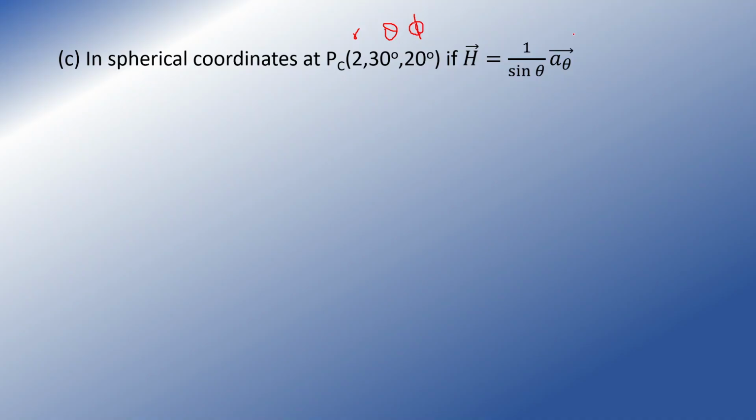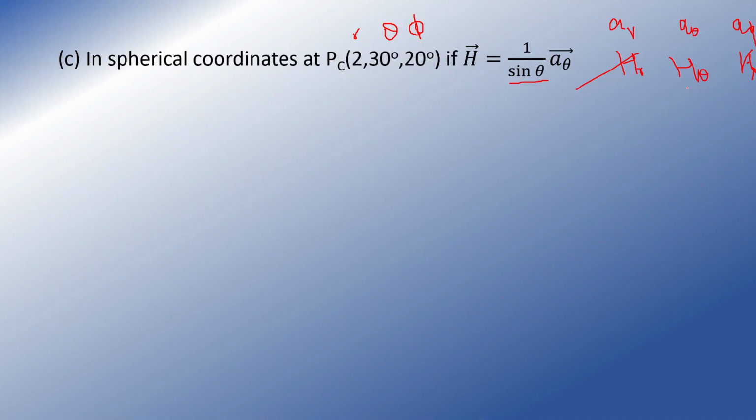Okay, r, theta, phi, which means it will be A r, A theta and A phi vectors. And we see here we have the term only with respect to A theta, and that term will be H theta, which means the H r term and H phi term are not present. These two terms will be 0. We have only the H theta term.